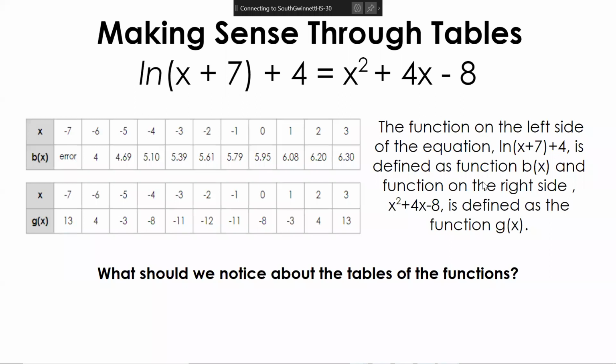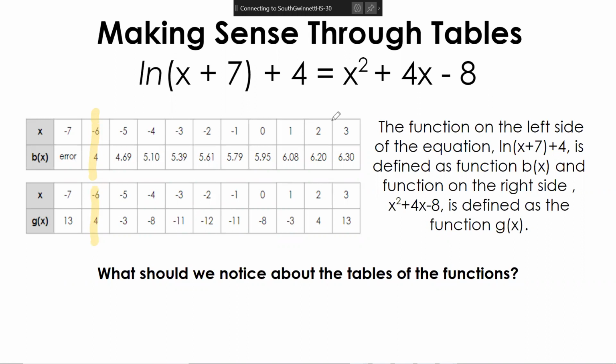Looking at this table, we can see the left-hand side is graphed up here, and the right-hand side is graphed down here. Okay, what should we notice about the tables of these functions? X equals -6 is the same thing as what's over here, right?